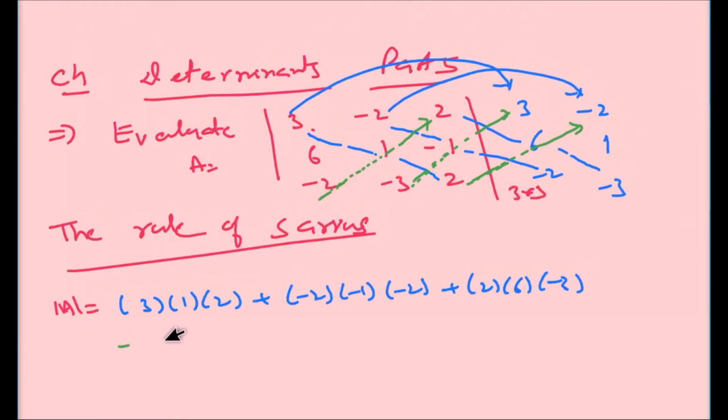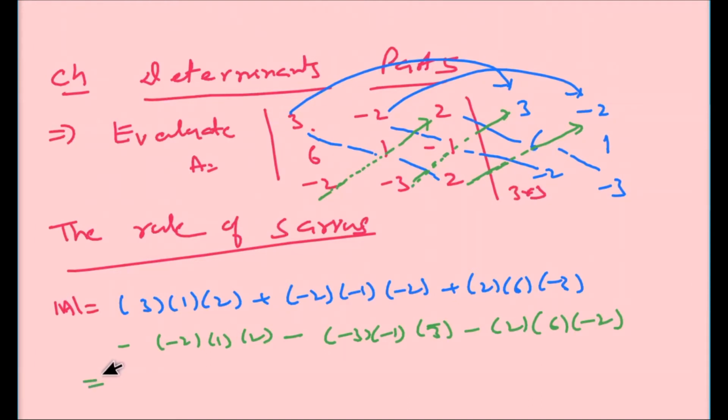Now minus 2 into 1 into 2, and then minus 3 into minus 1 into 3, and then minus 2 into 6 into minus 2, and then you can solve it. You will get the value of determinant.